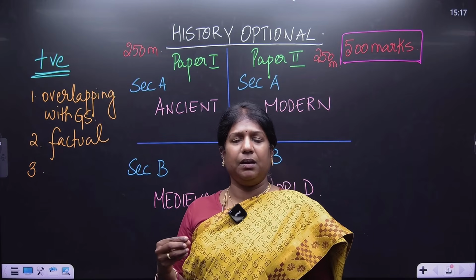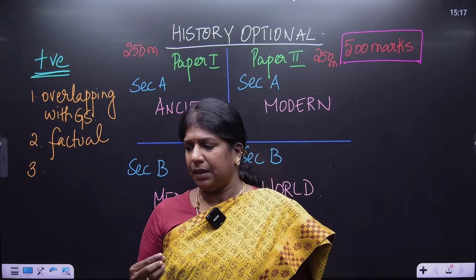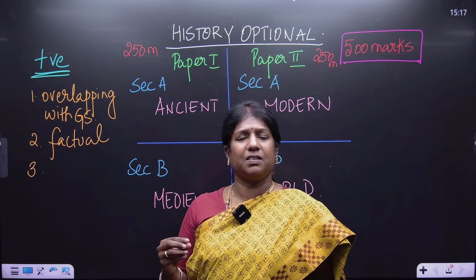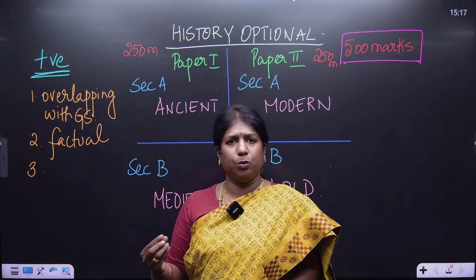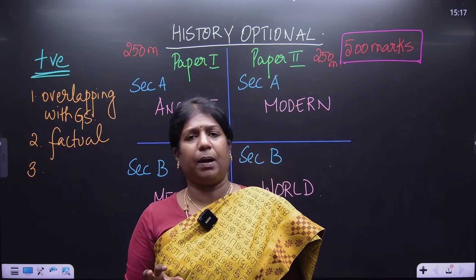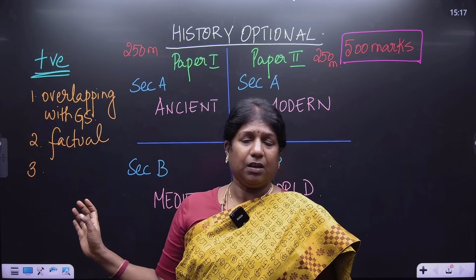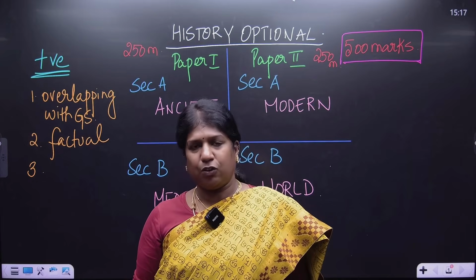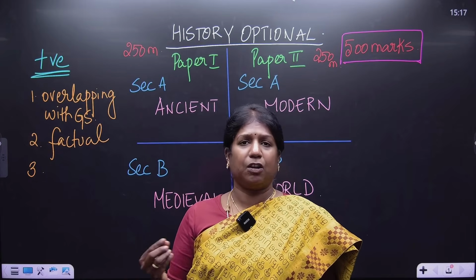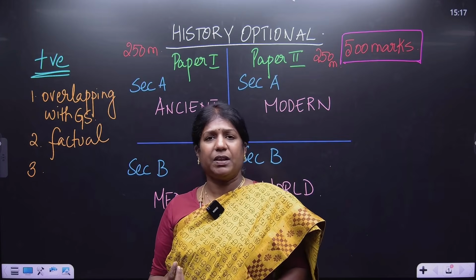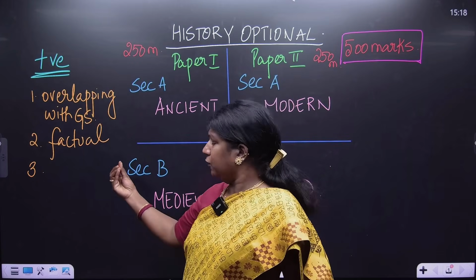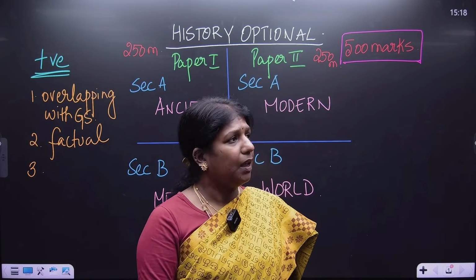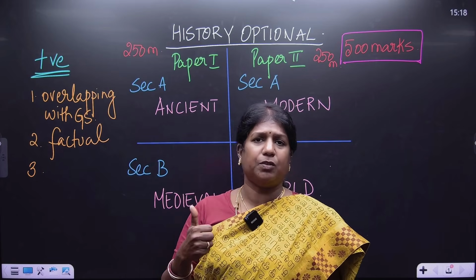Say, for example, a GS student would study the first battle of Panipat, which took place in 1526 between Babur and Ibrahim Lodi. The same first battle of Panipat would be here in the optional. Here, we need not write the dates or the month. It's just going to be 1526, the first battle of Panipat. 1757, the battle of Plassey. So, it is a factual subject, and if you are able to retain your facts, this subject is yours.